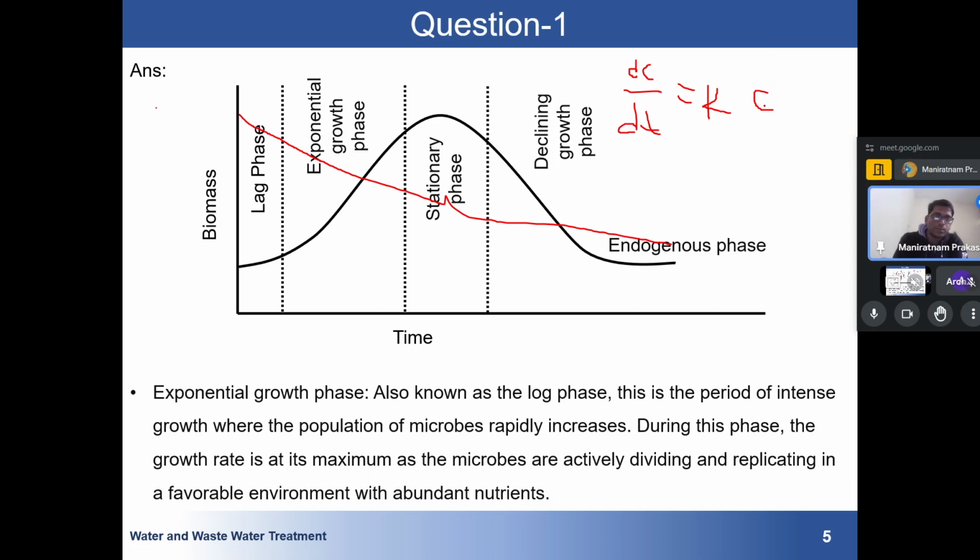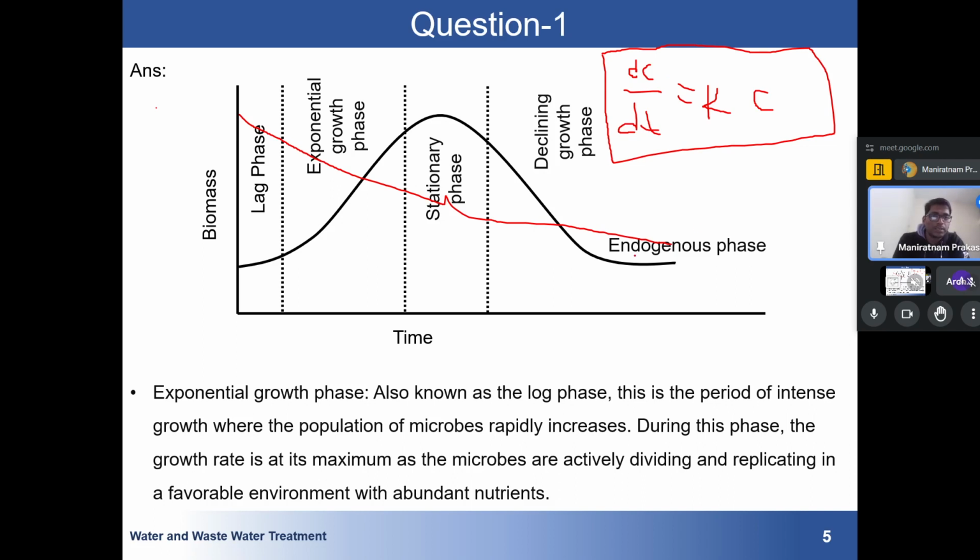So now you take this C, the population at any time, which represents how the growth of microbes happens in wastewater or in the presence of organic matter. This C will go in the denominator along with dt, and if you integrate it, the integration will be ln C, and you put in the value of t.